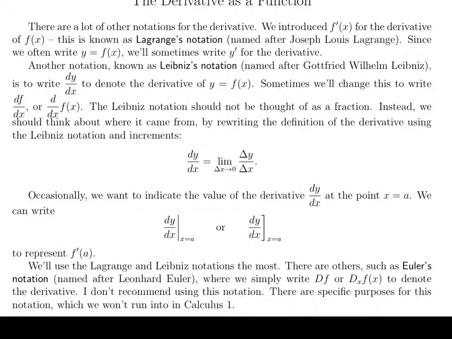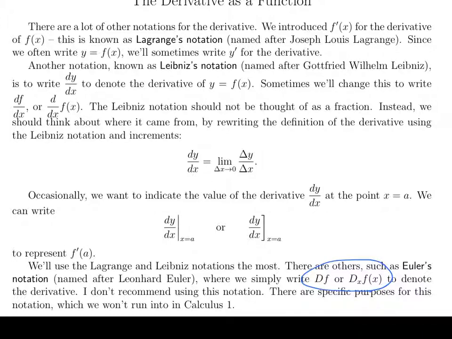There's another notation that comes up from time to time, and that's Euler's notation, named after the Swiss mathematician Leonhard Euler. Sometimes you'll write d of f or d sub x of f of x to denote the derivative. I actually don't recommend this notation. There are specific purposes for it, but we really are not going to run into them in Calculus 1.